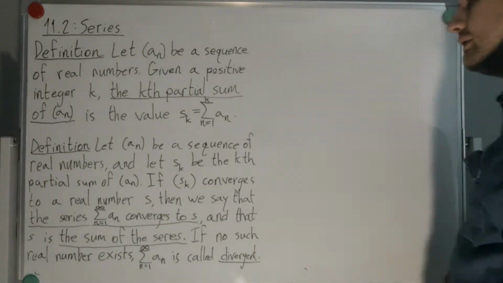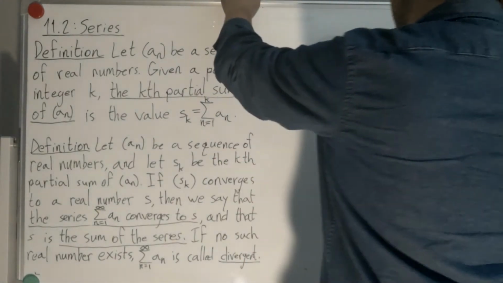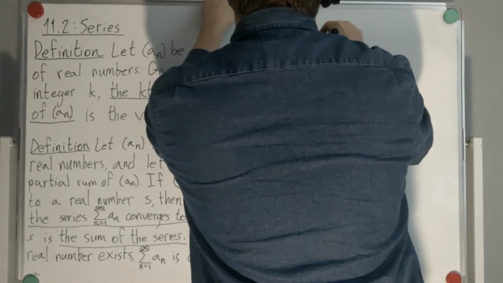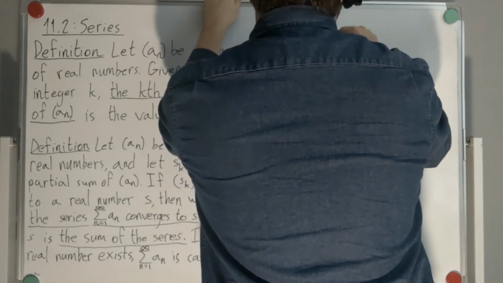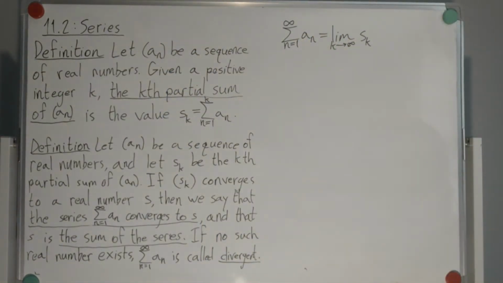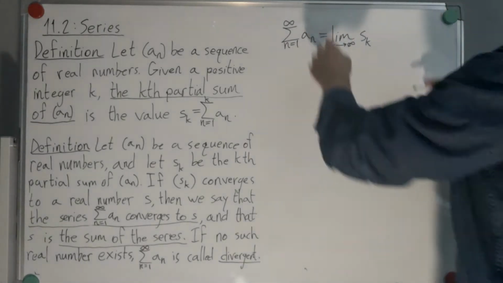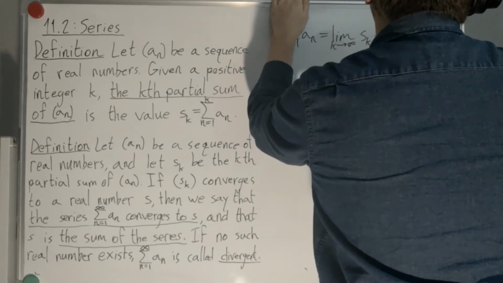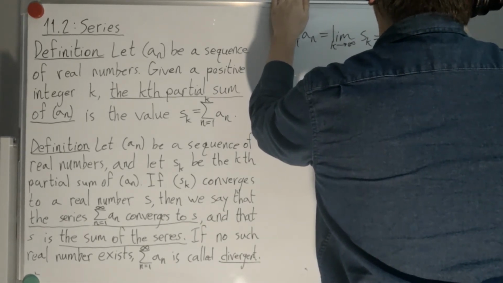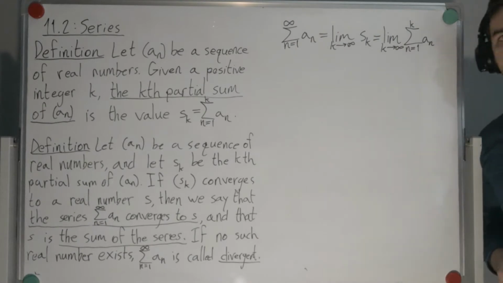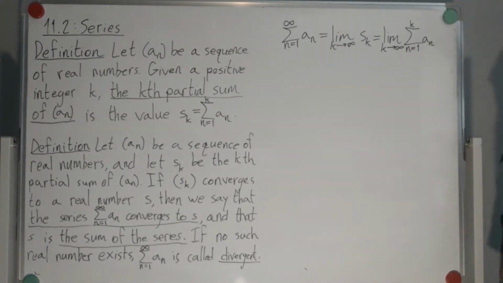What you mean by the infinite series n equals 1 to infinity of a_n, this means the limit as k approaches infinity of the kth partial sum of a_n, which in turn means the limit as k approaches infinity of the sum from n equals 1 up to k of a_n. Okay? So it's a limit of just a different kind of sequence now.